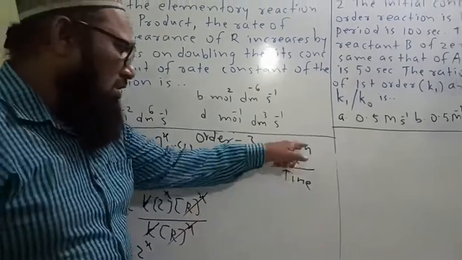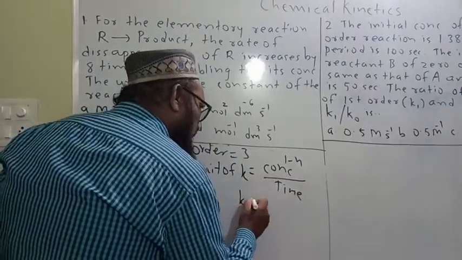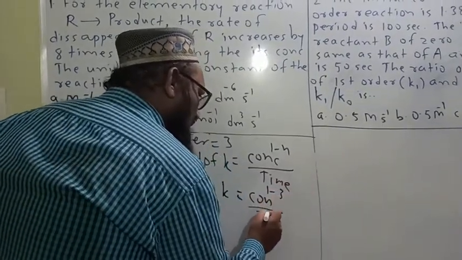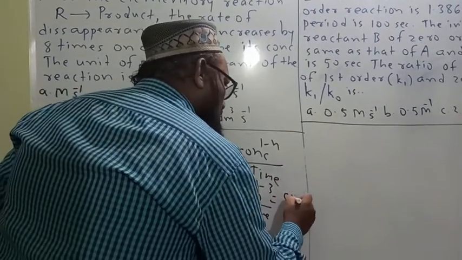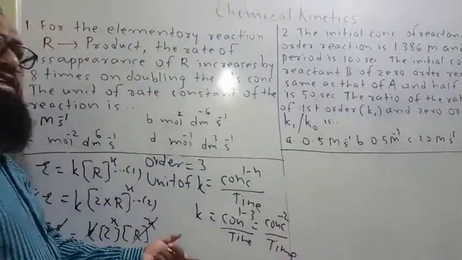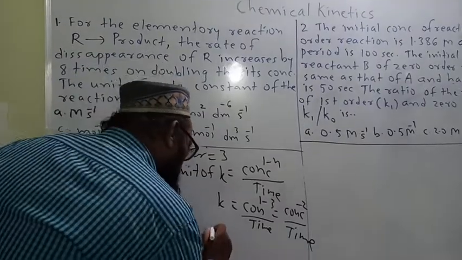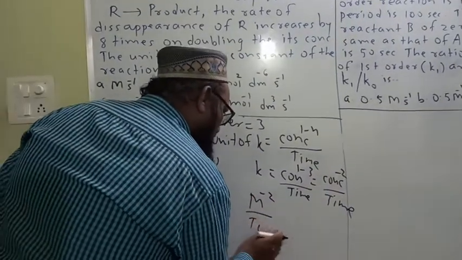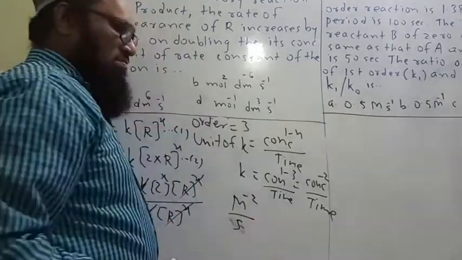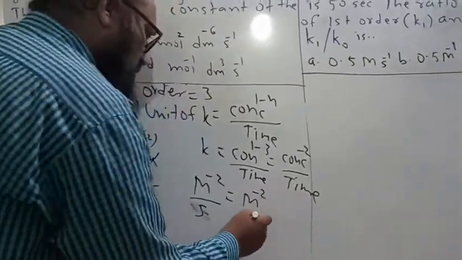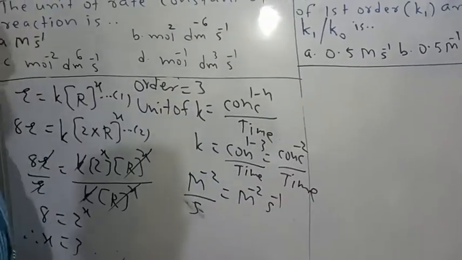Here the order is 3, therefore unit of K is equal to concentration raised to 1 minus 3 upon time, which is concentration raised to minus 2 upon time. Concentration is molarity. Molarity raised to minus 2 upon time, with time in seconds. Then what is the unit here? Molarity minus 2 second raised to minus 1.